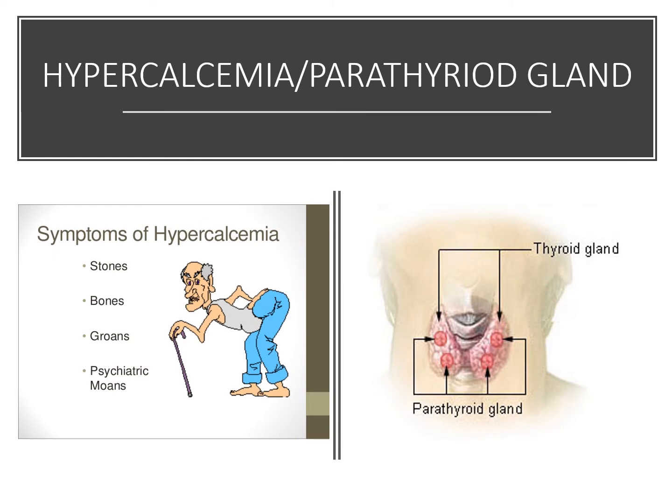Okay, so let's talk about hypercalcemia. What kind of conditions would cause hypercalcemia, high serum calcium? So what about if you had a tumor of your parathyroid gland? So a PTH producing tumor that we would call an adenoma. So a parathyroid adenoma. Is it malignant? No. Does it produce parathyroid hormone?